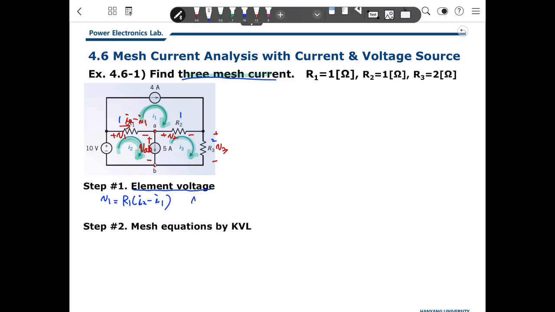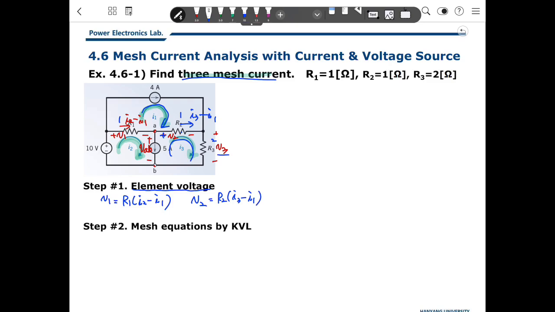And how about V2? R2 belongs to the first mesh and also the third mesh. We define the positive direction of the voltage here as plus. So V2 will be R2 times the current, which is I3 minus I1.